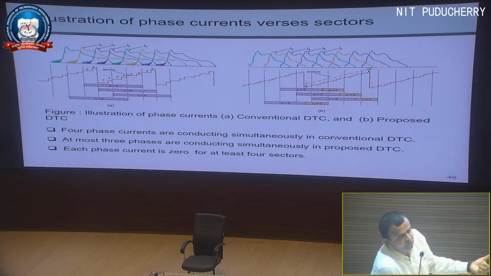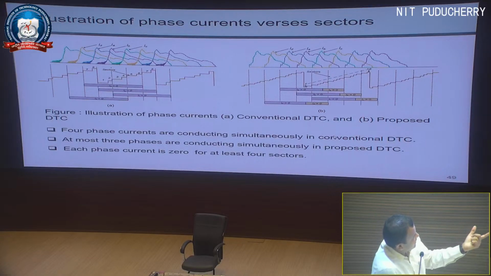So we try to utilize this feature to save one sensor. In conventional, all conduct simultaneously, but here at most 3 phases, not all the time, are connected in the proposed, and each phase current is 0 for at least 4 sectors. That is also what we observed.